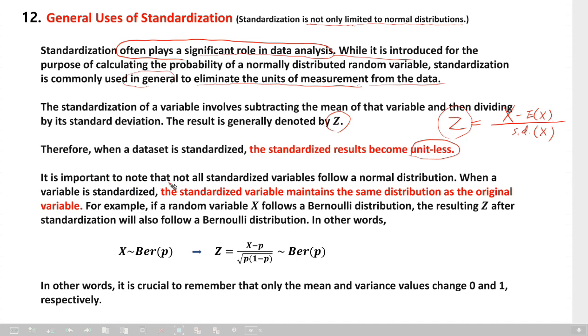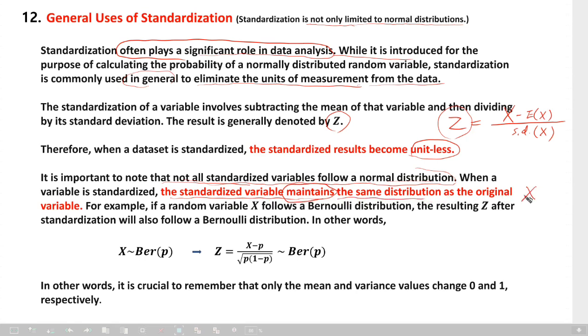It is an important note: not all standardized variables follow the normal distribution, okay? When a variable is standardized, the standardized variable maintains the same distribution as the original variable.